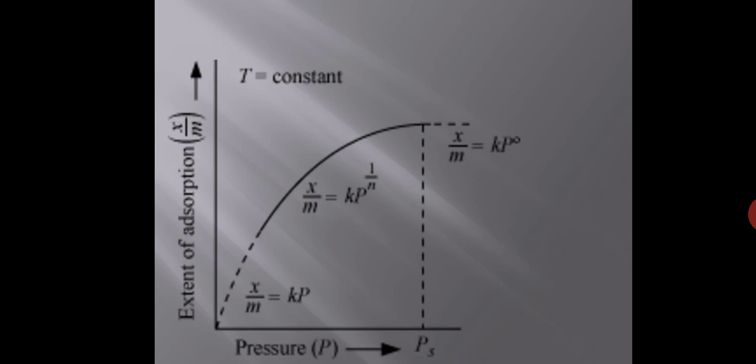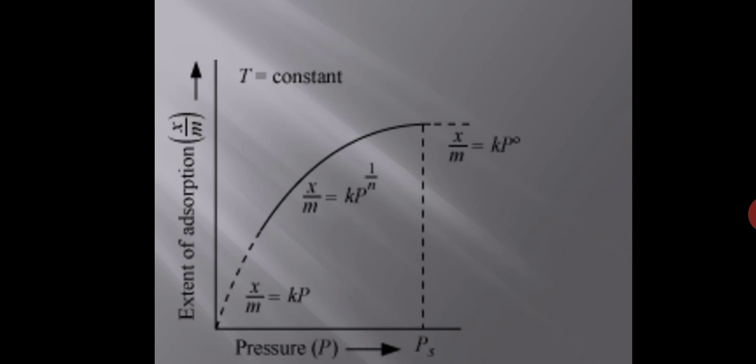Done? Fine. Now at high pressure, when the pressure is high, that is saturated, PS, listen carefully, x by m becomes independent of the pressure value. How do you say it is independent? Because if you increase the pressure, the graph is not increasing, the graph is a straight line. Can you see? PS, I have drawn a straight line there.